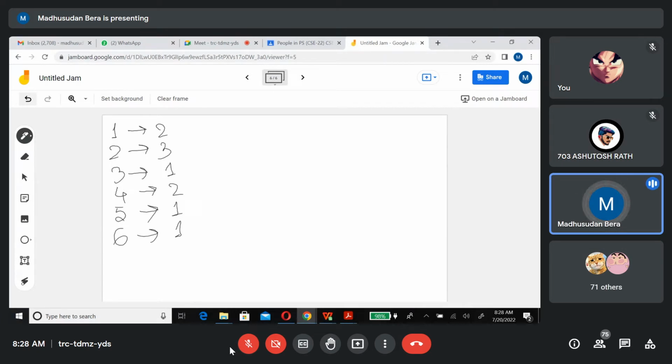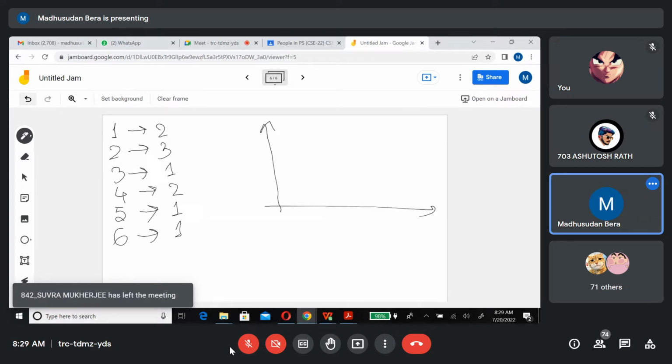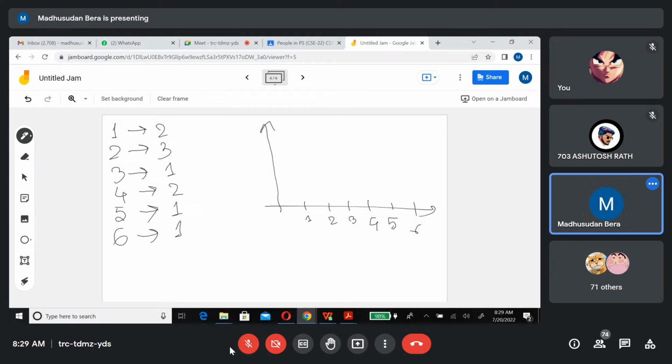So what are the distinct numbers? 1, 2, 3, 4, 5, 6. And whatever the frequency is, we put it on the y axis, in the column. For 1 the height will be 2, so from 0 to 1 we take a height of 2 units. Say this is 1 unit, this is 2 units, this is 3 units.